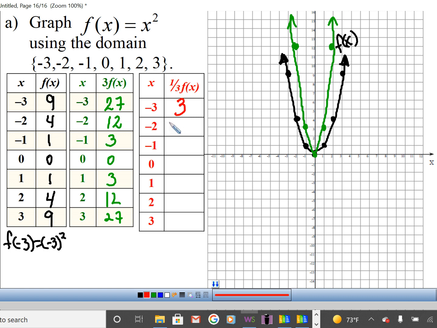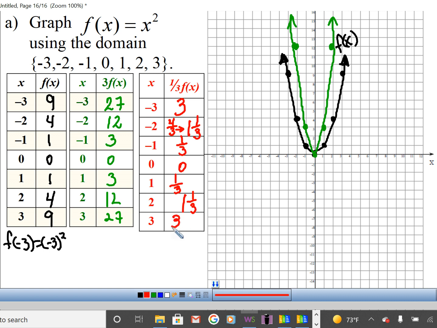That's 4/3, and this simplifies to 1 and 1/3. Next, what is 1 times 1/3? 1/3. Then 0 times 1/3 is 0, and the rest repeat, yes? 1/3, 1 and 1/3, and 3.